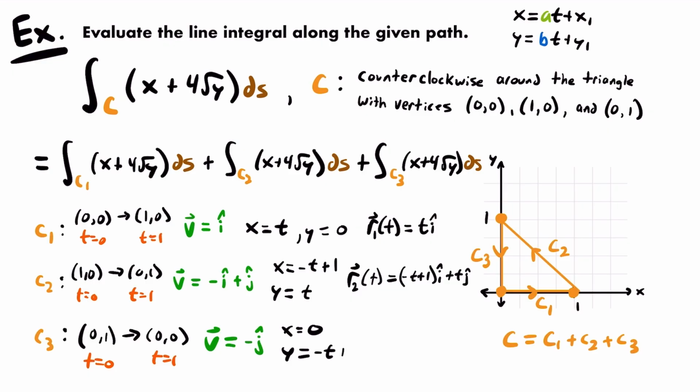So you'll have negative t plus 1. And so the vector function for the path C3, which I'll call vector r sub 3, will be equal to 0i plus (negative t plus 1)j. And now we're done parameterizing all three parts of this path C.